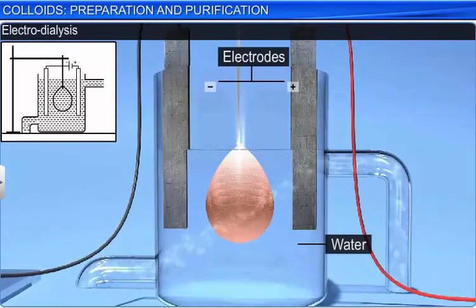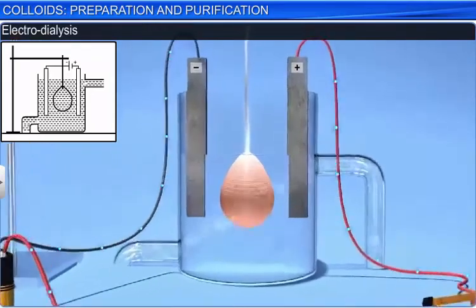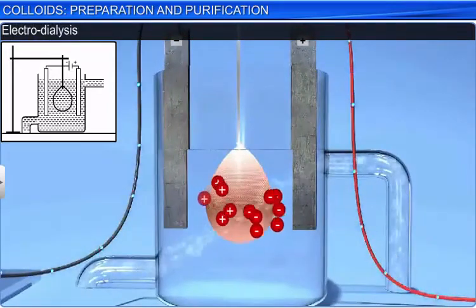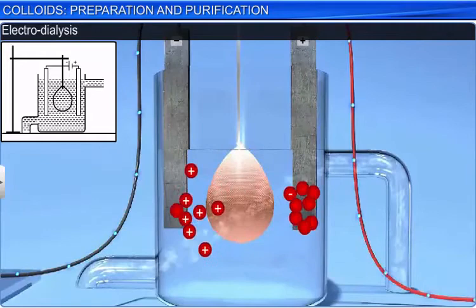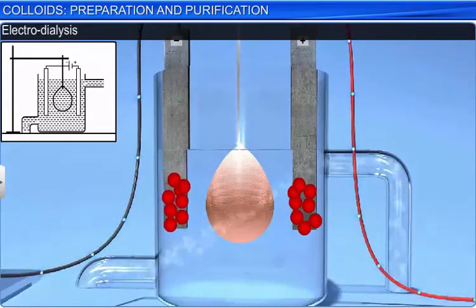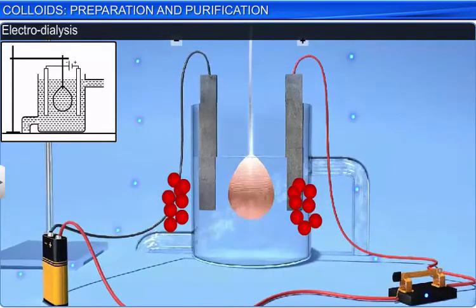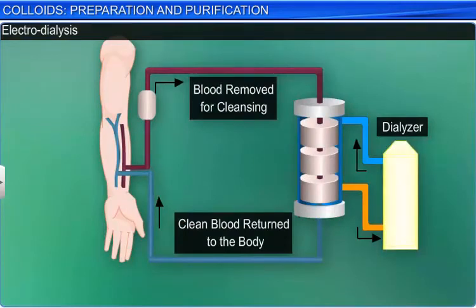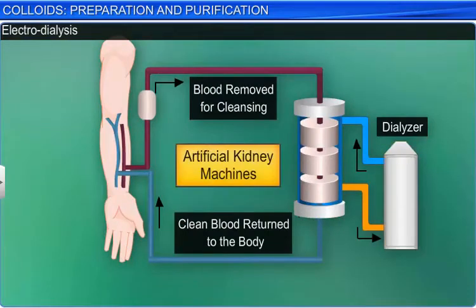When an electric field is applied across the electrodes, the ions of the electrolyte present as the impurity diffuse towards the oppositely charged electrodes at a faster rate. An important application of dialysis is in artificial kidney machines, where it is used to cleanse the blood of patients whose kidneys have failed.